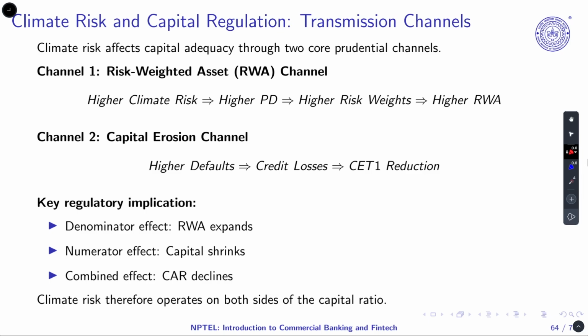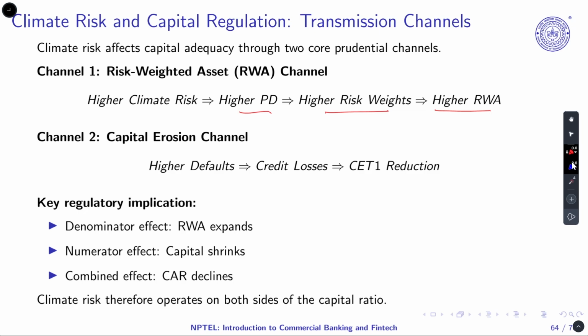I also wanted to touch upon one more angle, which is related to the risk weighted asset channel and capital erosion channel. Higher climate risk leads to higher PD. This will have higher risk weight, and as a result you will have higher risk weighted assets included, right? And this is where these two are important.